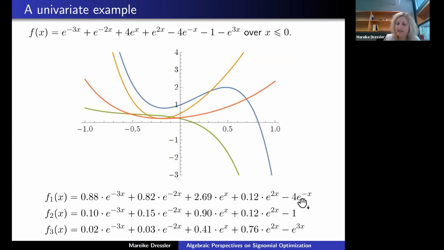But specifically, the only exponent that corresponds to this negative term is here minus x. So we don't have involved a constant term and also not a term supported on 3x. This is what I meant with cancellation free.